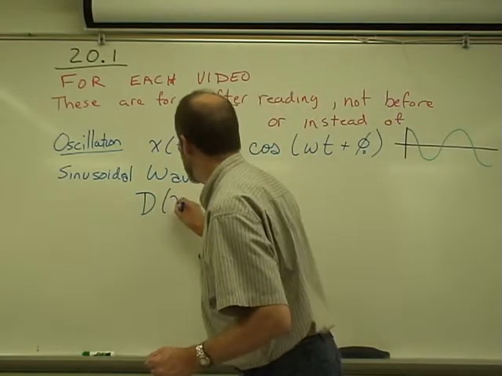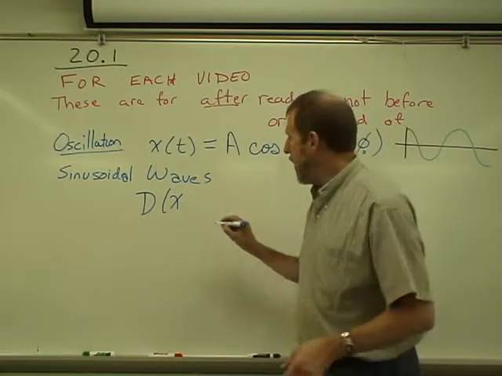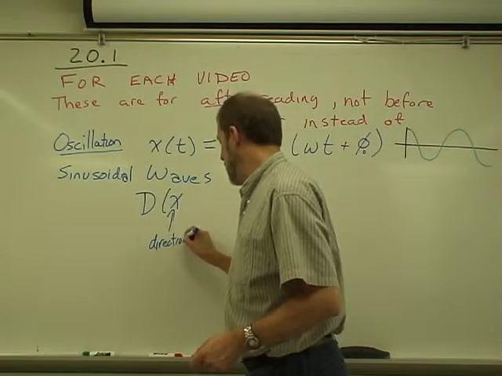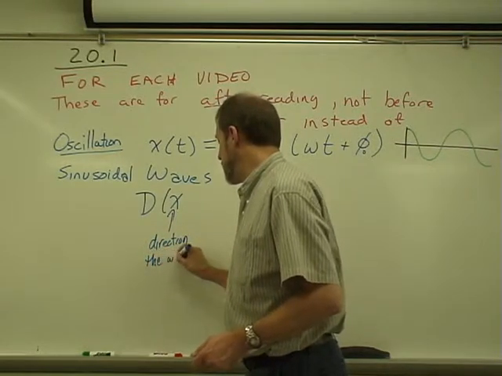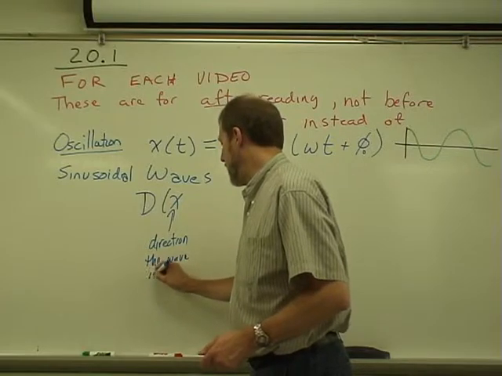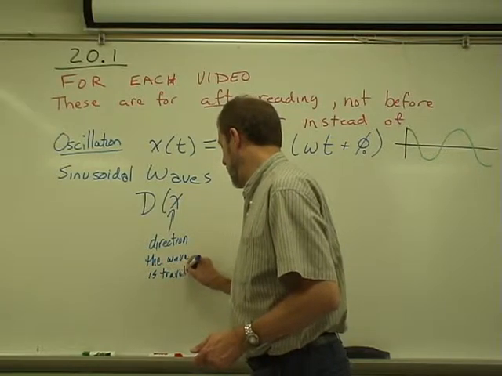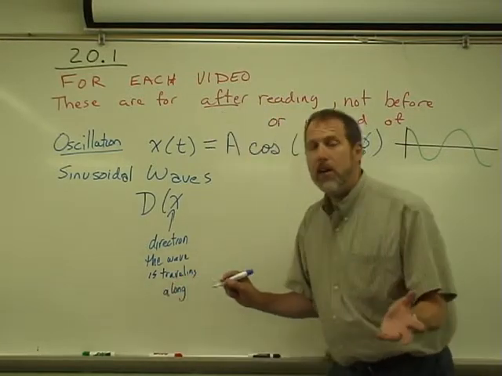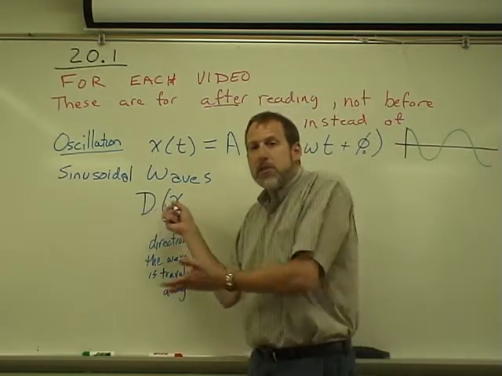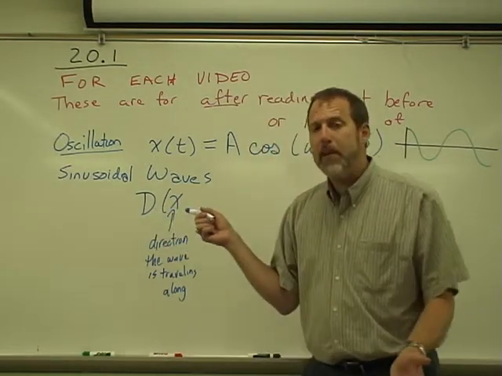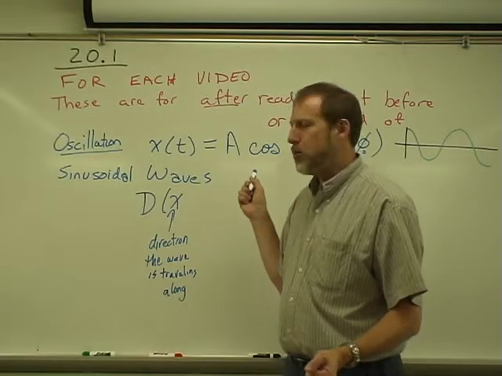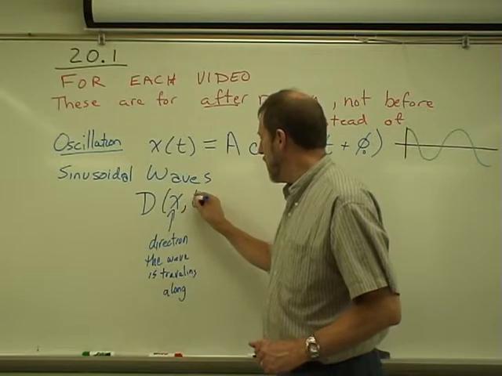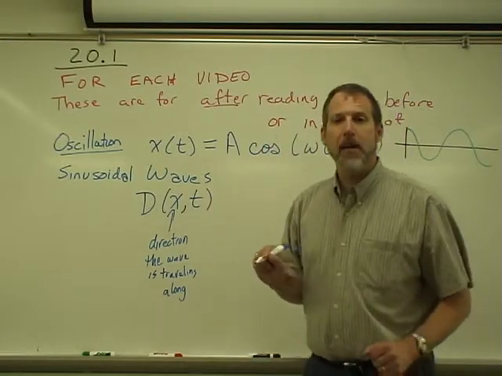So it's a function of x, and x is the direction the wave is traveling along. Maybe not the particles. That depends on which direction d is in, or what d really represents. We'll have to see in each individual case. But it's a function of some variable in the direction of motion and a function of time.